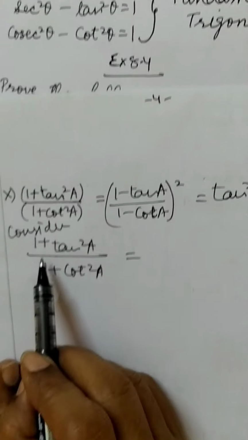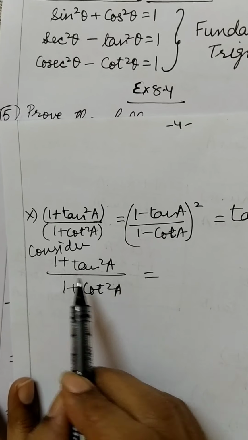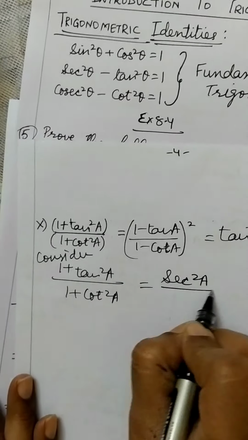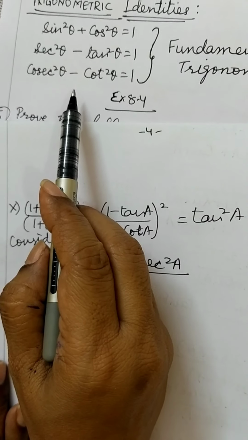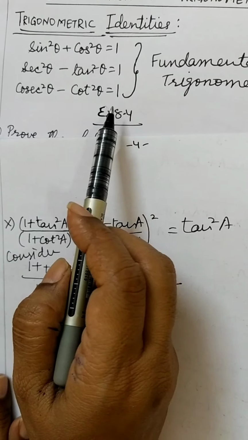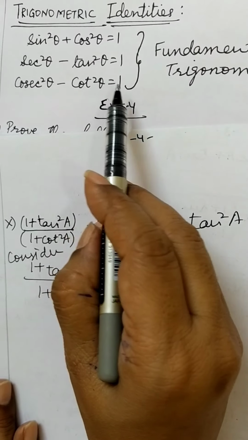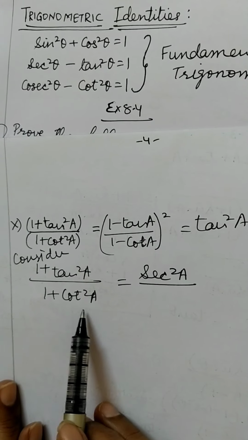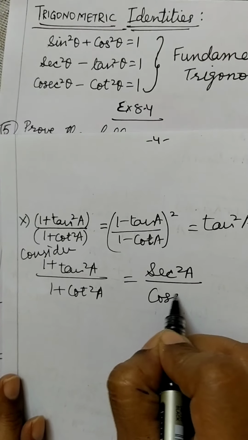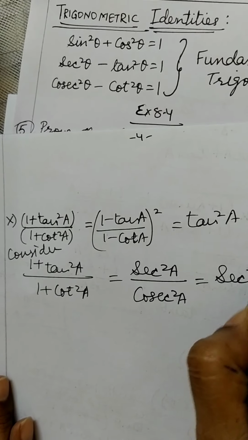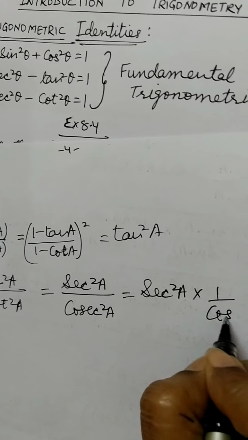So here we have 1 plus tan square A, in place of it we can write sec square A. Similarly, the third fundamental identity, cosec square theta minus cot square theta is 1. That means 1 plus cot square theta is cosec square theta. So 1 plus cot square A will be cosec square A, which we can write as sec square A into 1 upon cosec square A.